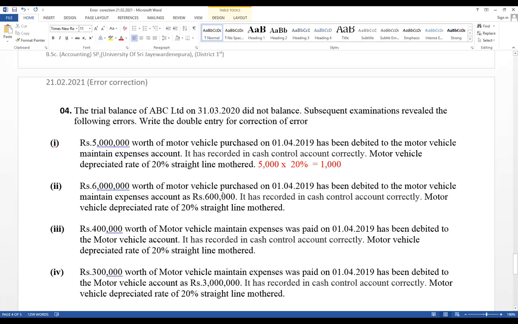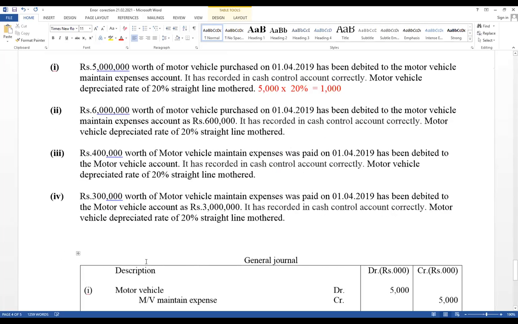After that, think about the depreciation effect. Motor vehicle purchase has been debited to the motor vehicle maintenance expense account. Therefore, motor vehicle account debit 6,000.